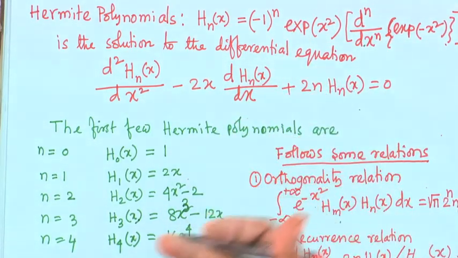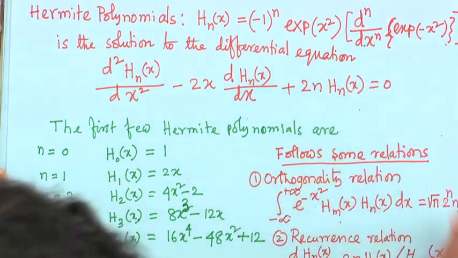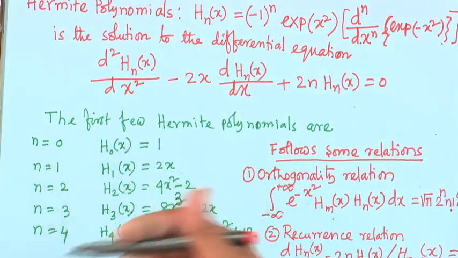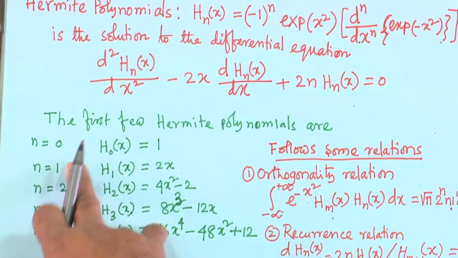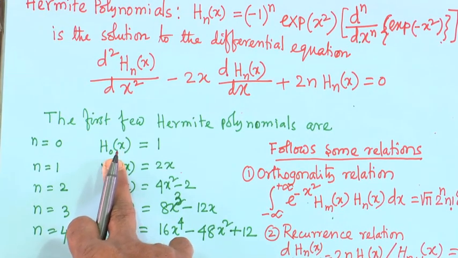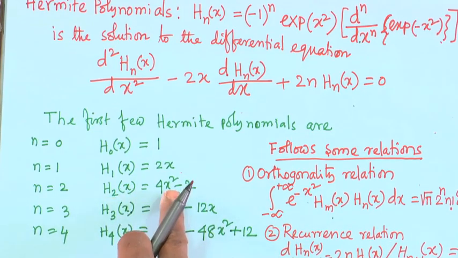These are ready made things available in mathematical methods. From there one has to pick up the solution, and generally in a table you will find these polynomials for different values of n, l, ml. In this case H n is independent. For n equal to 0, H 0 of x is 1, H 1 is 2 x, H 2 is 4 x square minus 2.